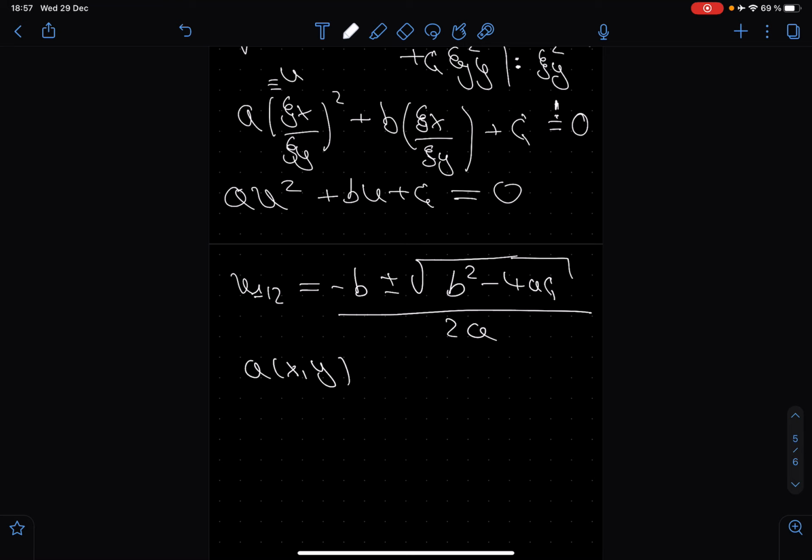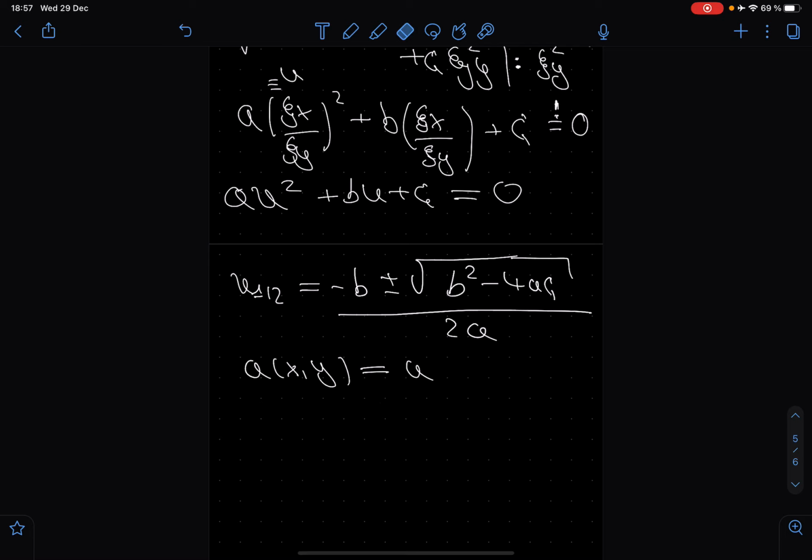Let's assume for the beginning that it is just a constant term, like just a. If it were a function of x, y, then a again would be a function of ξ and η, and you would have to plug in all that here, but that would be too complicated.